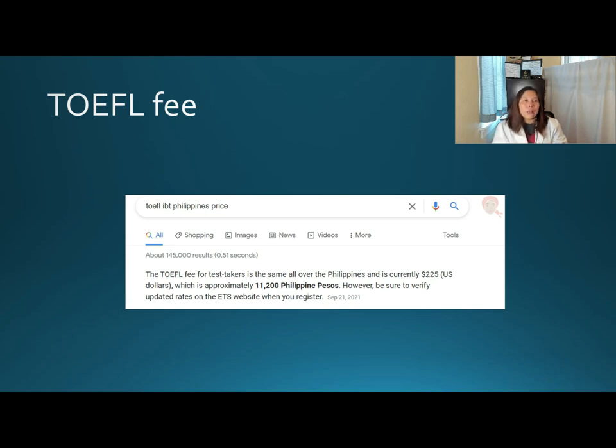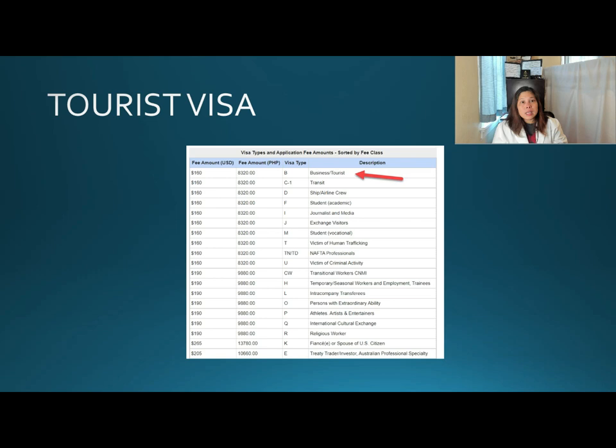The TOEFL, or Test of English as a Foreign Language, as of now in the Philippines, is $225. Next is the tourist visa. You cannot take your NPTE in your own country.